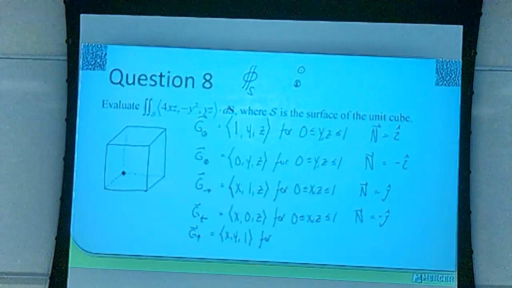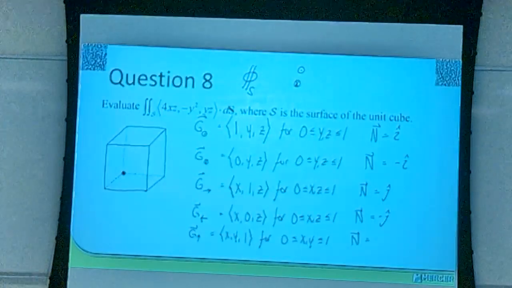What does X go from? 0 to what? 0 to 1. What's Y? Also 0 to 1. And what is N? k.